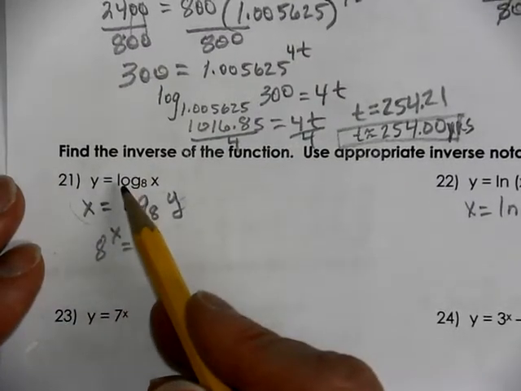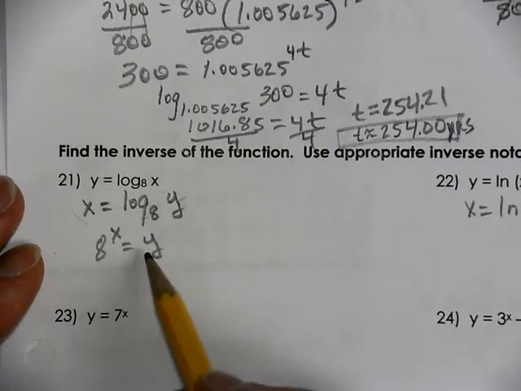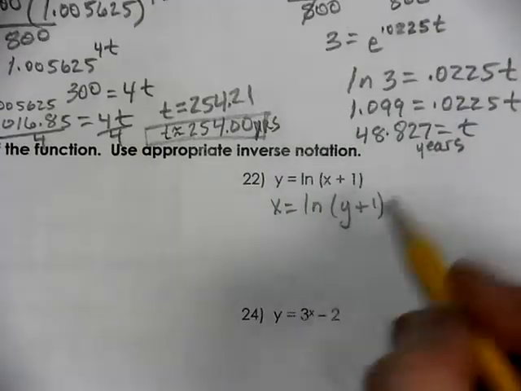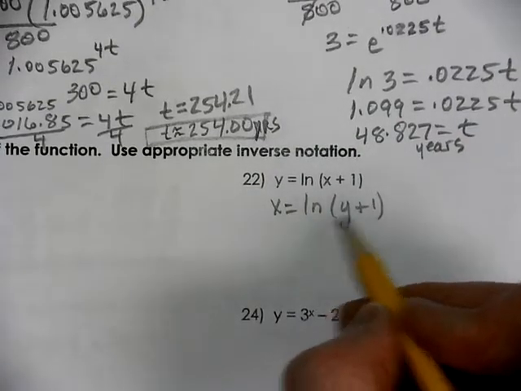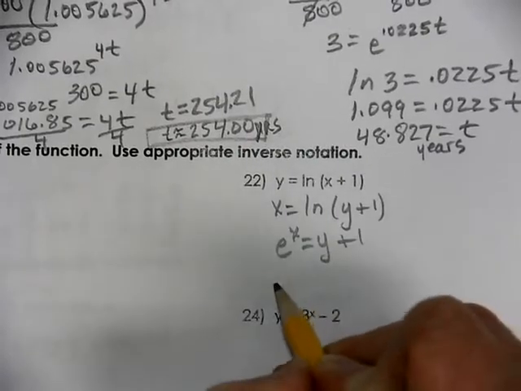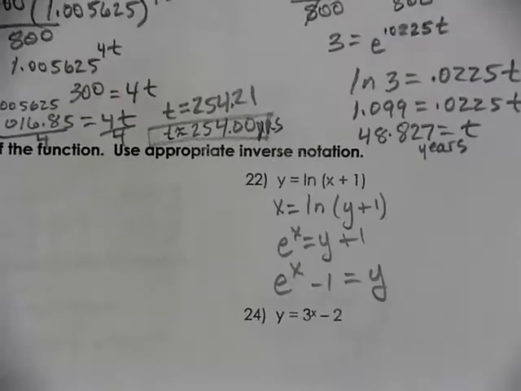This isn't in inverse function notation, so I'm not going to write it with f^-1. So e to the x power equals y plus 1. e^x minus 1 equals y.